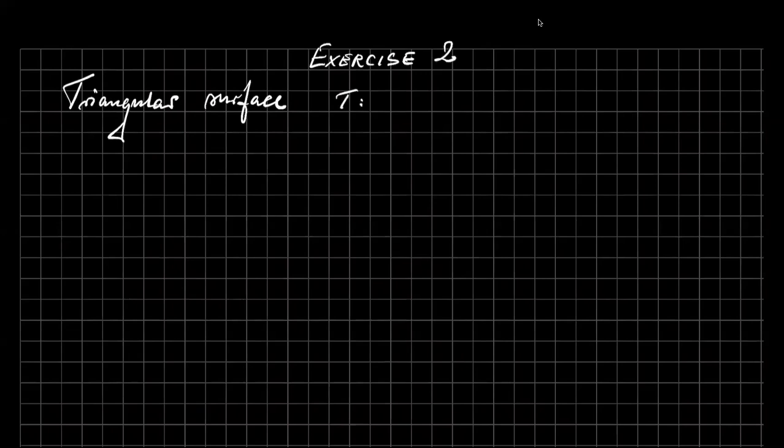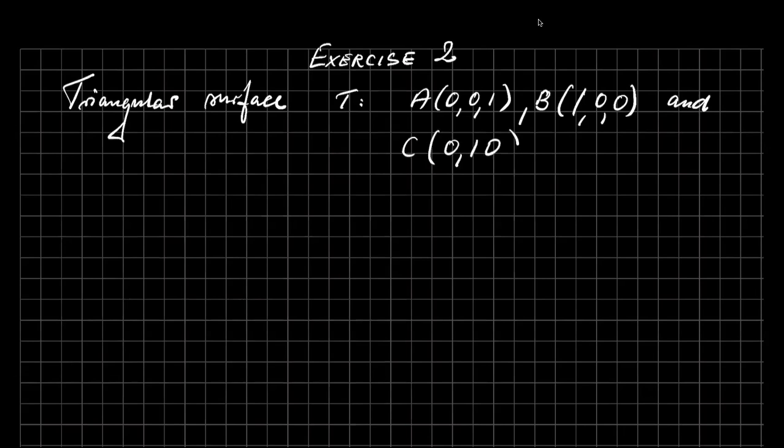It's given by these vertices: A is 0, 0, 1, B is 1, 0, 0, and C is 0, 1, 0.